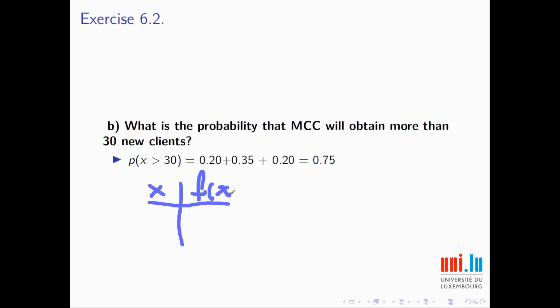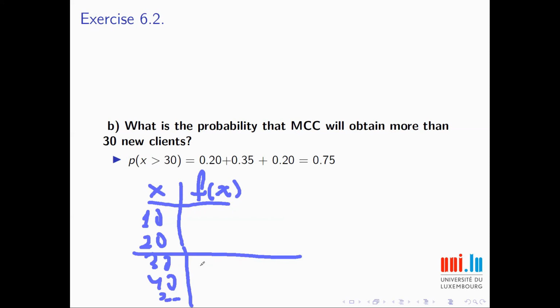So the probability function is 10, 20, 30, 40, 50, etc. And the probability that more than 30 new clients will come starts from here. Sorry, not from here, that's my mistake. From here, of course.